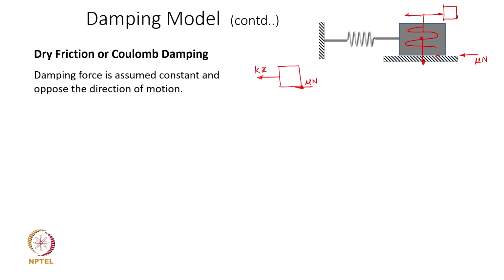Because even in case of a viscous damping or a structural damping, it is ultimately the dissipation of the energy that reduces the total energy of the vibratory system, and that is the reason why all the subsequent amplitudes keep reducing, because in the next cycle not the entire amount of energy that was available at the beginning of the cycle is available at the end of the cycle, and therefore, that is precisely the reason why the amplitudes keep dropping.